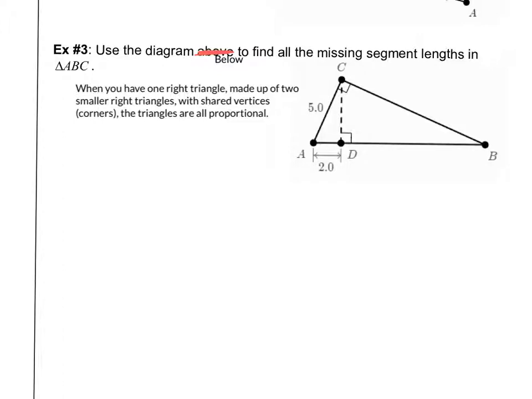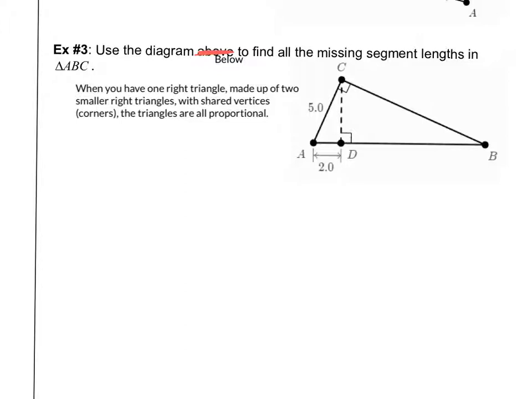The first step is a little bit tricky, but to redraw these all in the same orientation. By the way, I would strongly recommend that you write this down or just make a note of this, that these are all proportional. But let me show you what I mean by writing these all down in the same orientation. They all have a right angle, and they all have a small side or a small leg and then a longer leg.